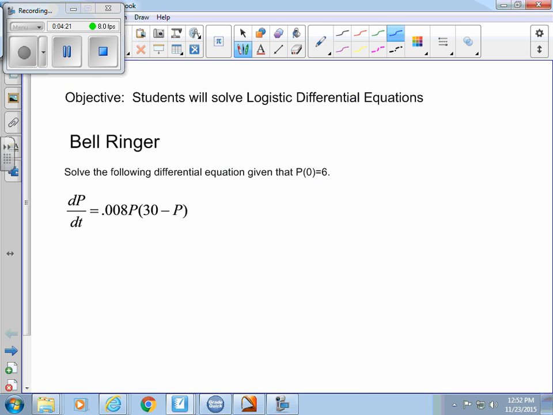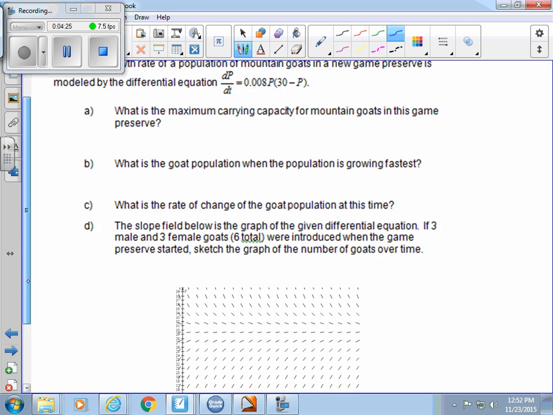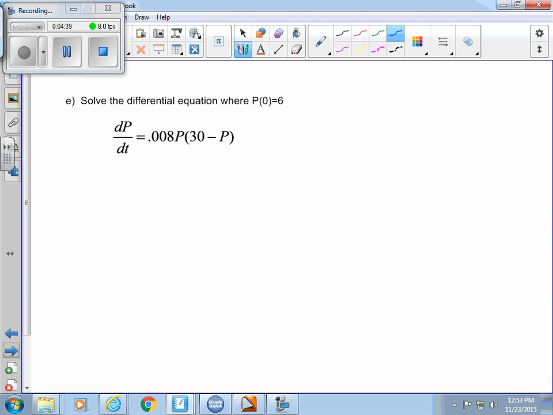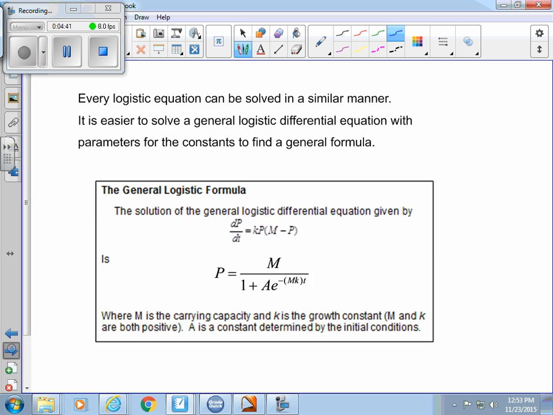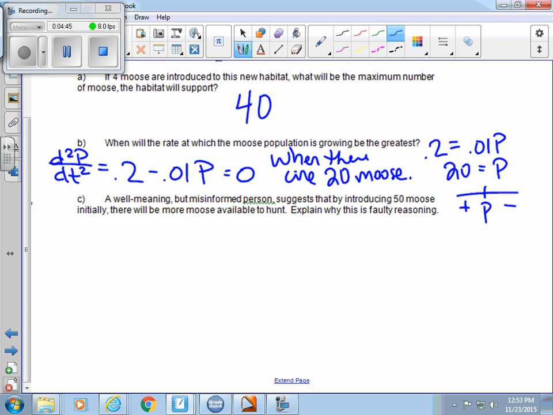So coming back to our slope field, what happens if we drop something in up here on the slope field? It goes down to that 40, right? So no matter what you introduce, you're going to head to that limiting factor of 40. In that problem, it was 30, but the same reasoning applies.